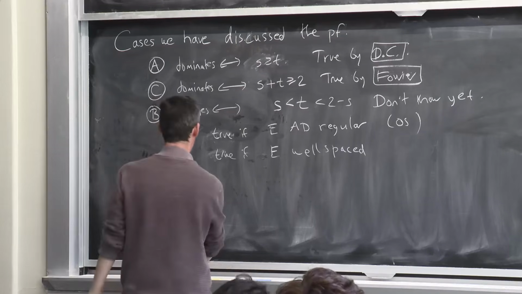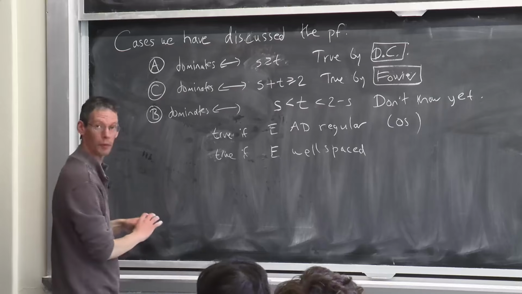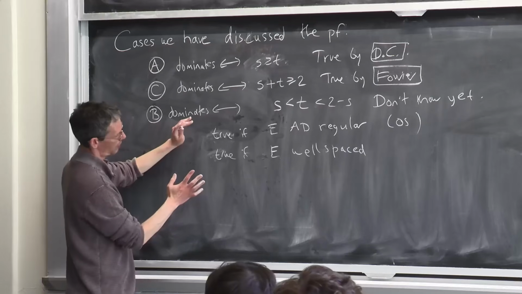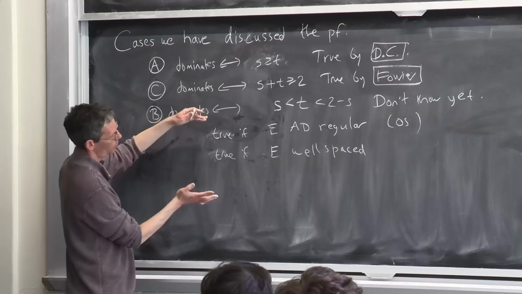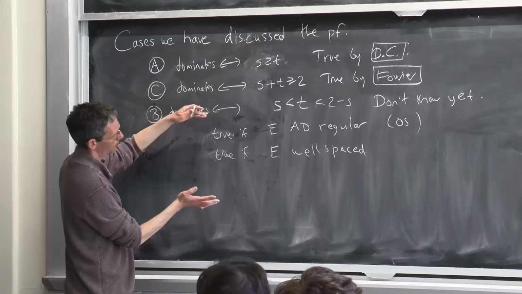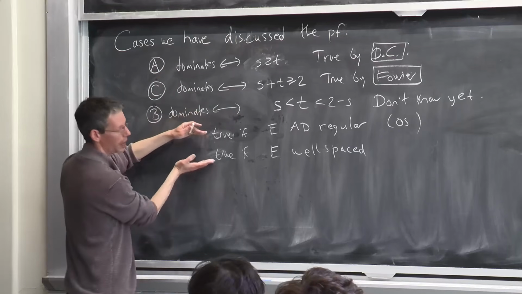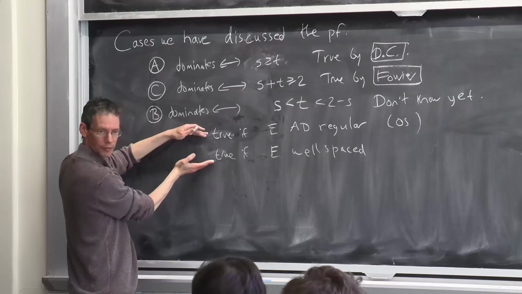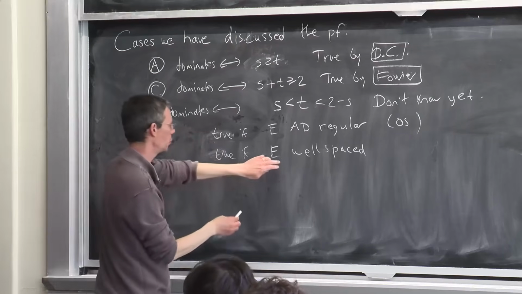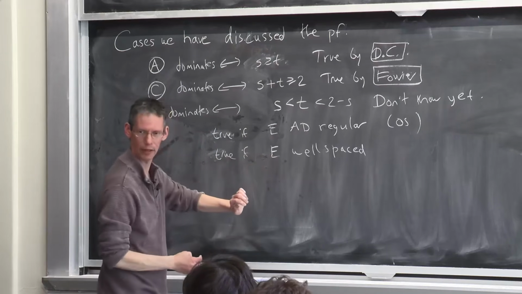OK. And so the last idea in the proof is an idea from Ren and Wang, how to break up the general case into pieces that can be handled by these methods. The first part of what they did is they souped up this well-spaced case a little bit.